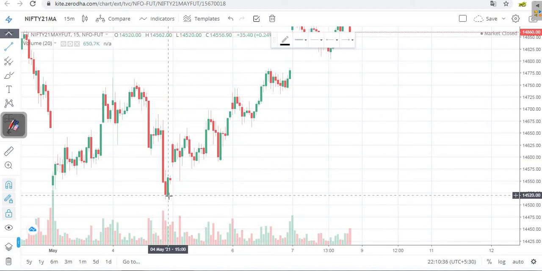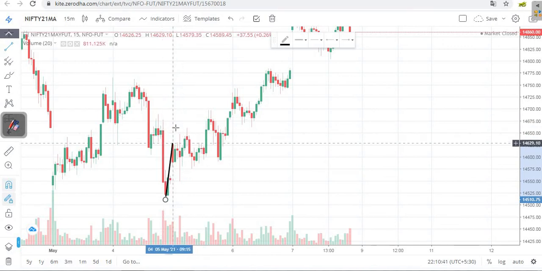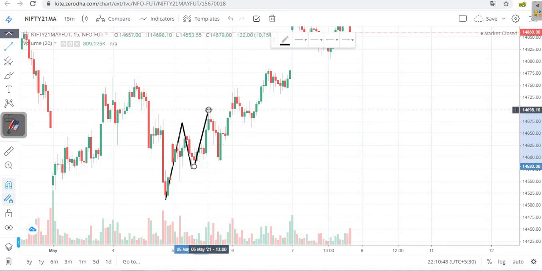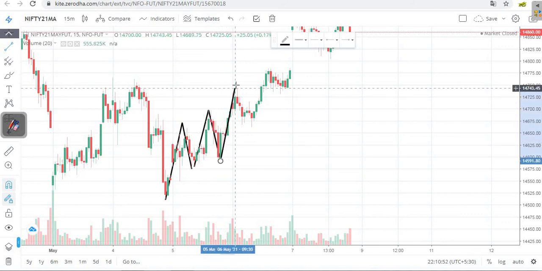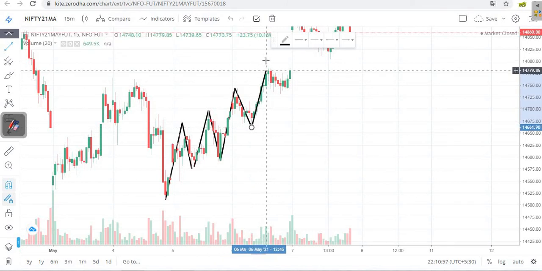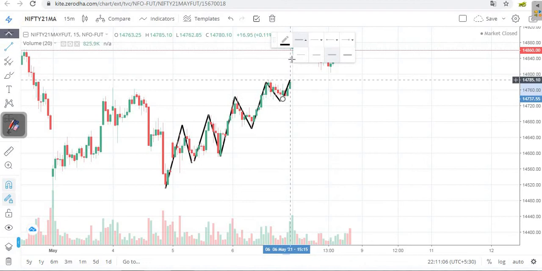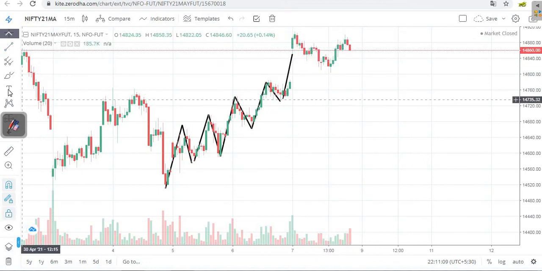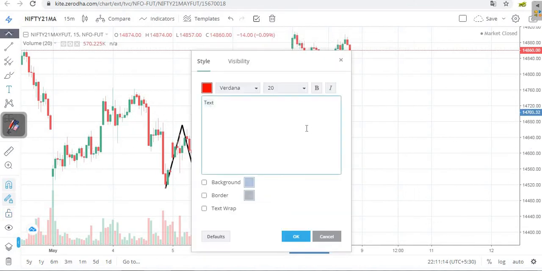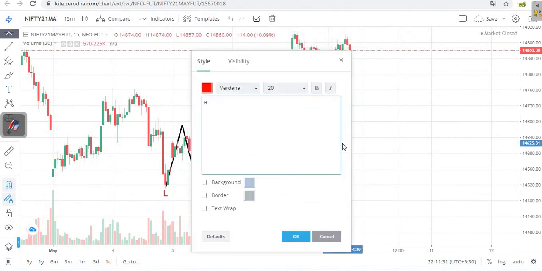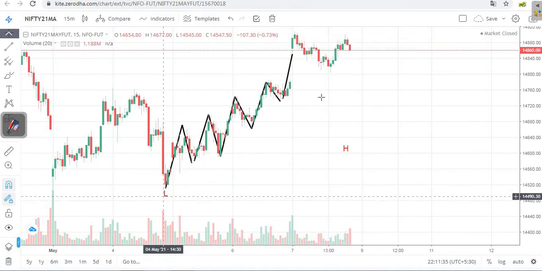The start of the trend, that's why low, L. What is the first high?